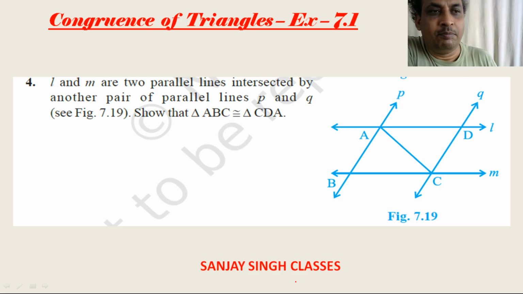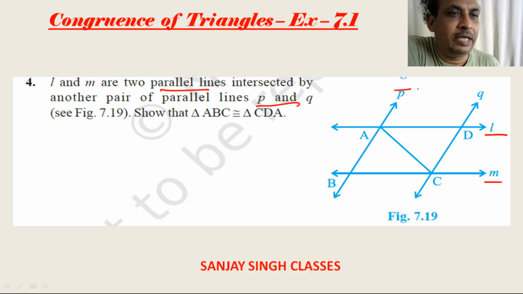Here L and M, these two lines are given to us. L and M are two parallel lines intersected by another pair of parallel lines P and Q. So P and Q are also parallel, and L and M are also parallel.